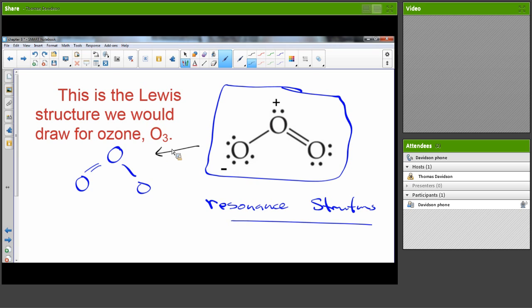Now, this is just a little bit in the weird realm of things, because if we draw ozone this way, it would mean that this bond right here is shorter. A double bond actually is shorter than a single bond.